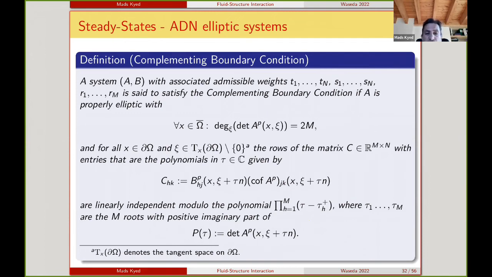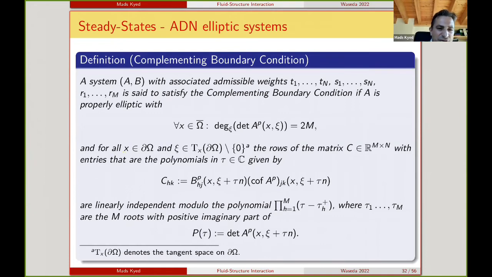A system (A, B) with associated admissible weights is said to satisfy the complementing boundary condition if the differential operator A is properly elliptic. And here comes the funny part.